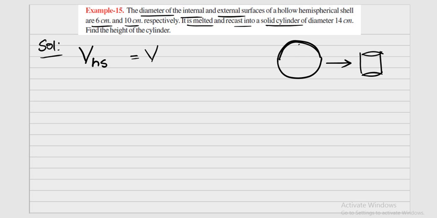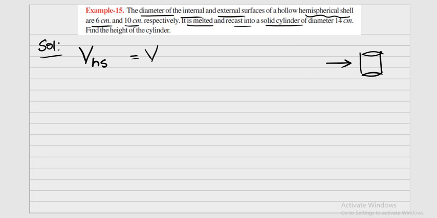So this is capital R, and since the material is present only outside, and inside it is hollow, we are going to have small r. So we are going to have two types of radii, one is the external radius and the other is the internal radius. So here we are given a hollow hemispherical shell, right?